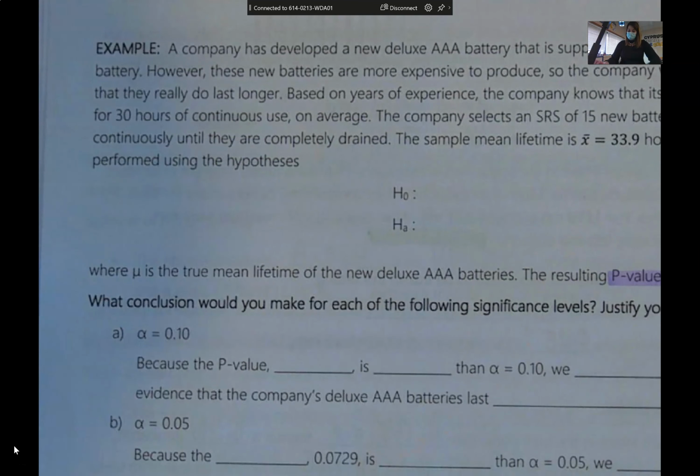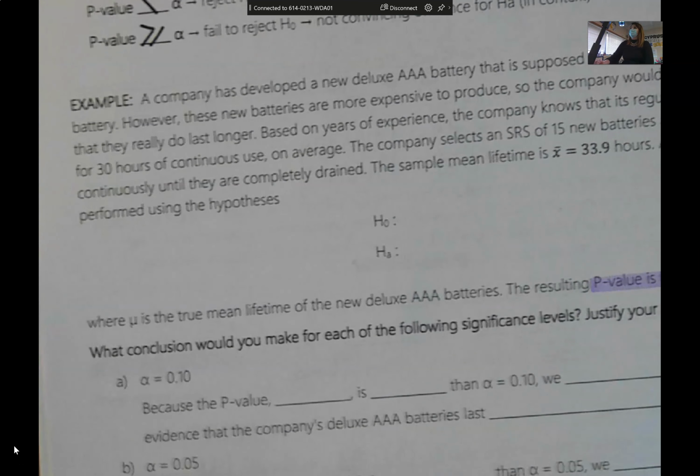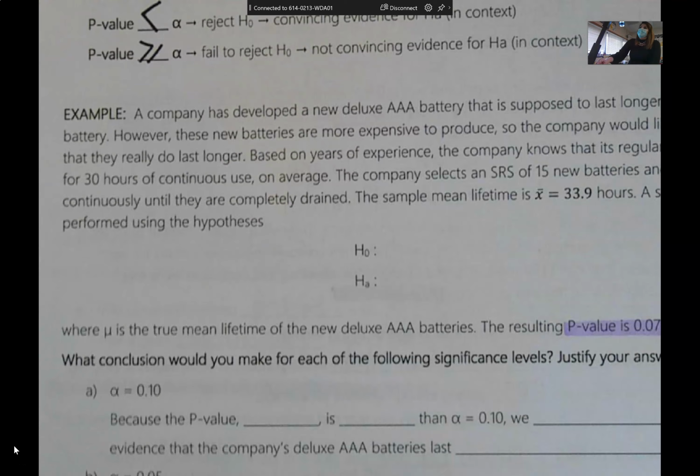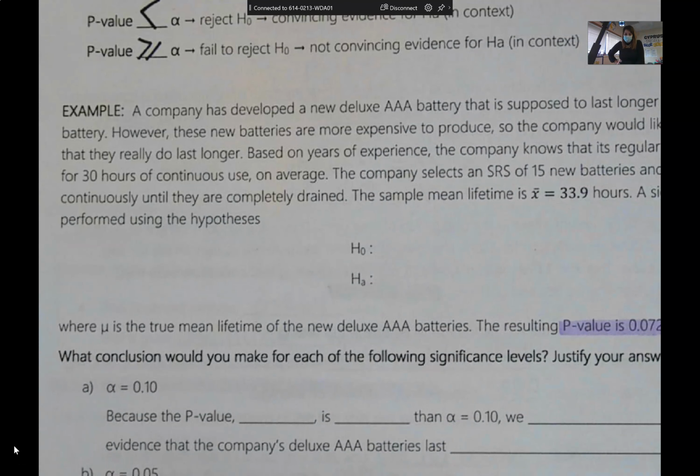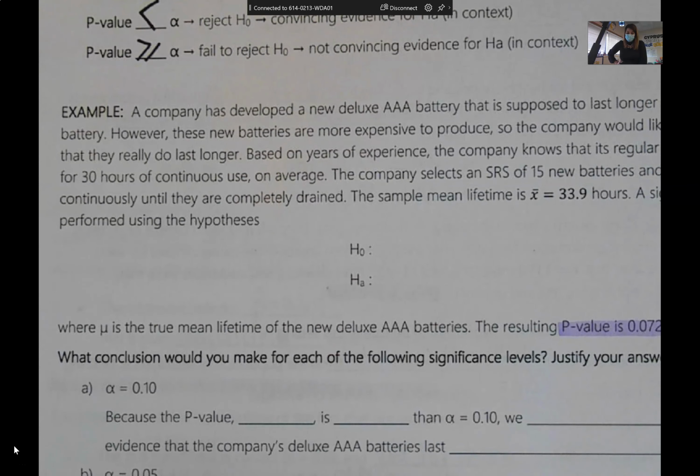So now it's going to let us practice on a specific problem. A company has developed a new deluxe AAA battery that is supposed to last longer than its regular AAA battery. However, these new batteries are more expensive to produce, so the company would like to be convinced that they really do last longer.